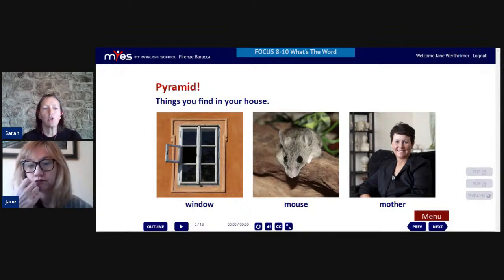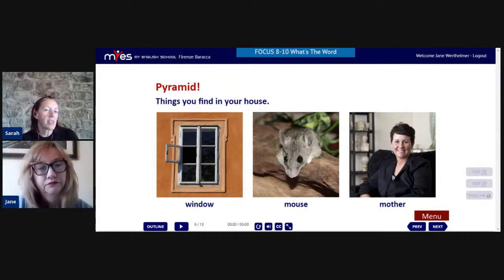So this one, it is used to see from inside the house to outside the house. Or if you want to use for, it is used for light. You use for plus a noun. It's used for light in the house, or it is used to see things out of the window.